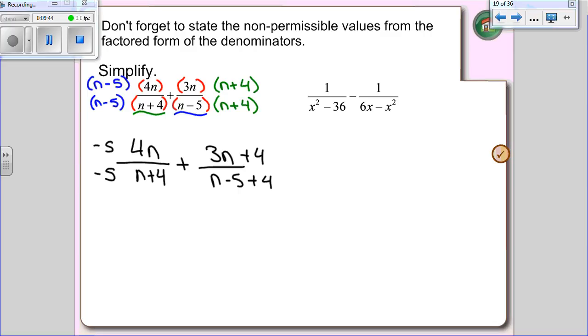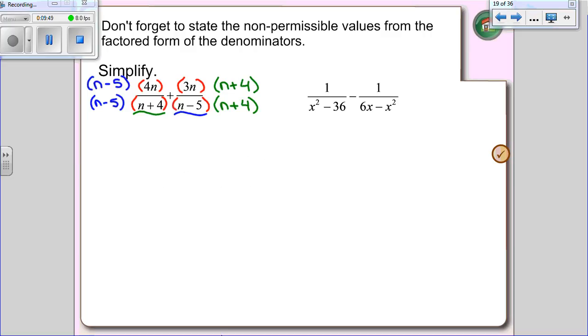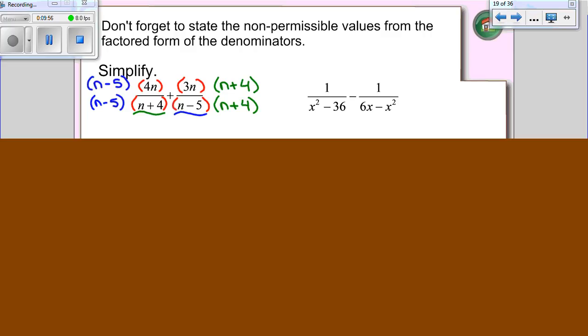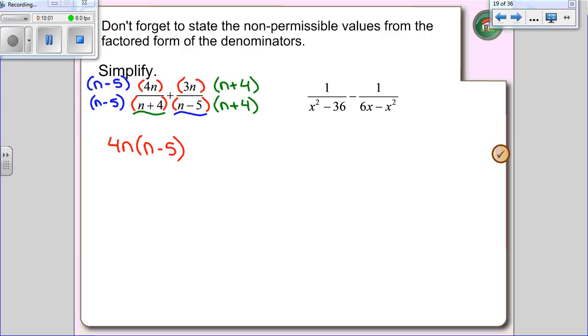Once you've added brackets around everything and found your lowest common denominator, I like to rewrite things out. So I'm going to rewrite this first fraction as 4n times n minus 5 divided by n minus 5, n plus 4. Now what I'm not going to do is I'm not going to multiply the bottom together.